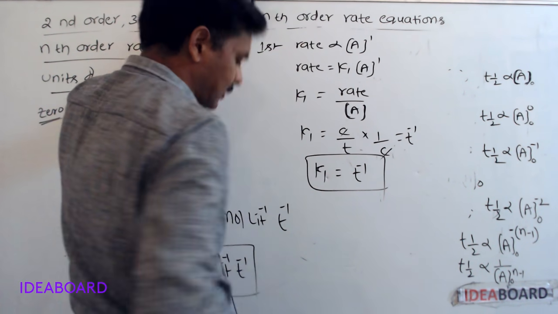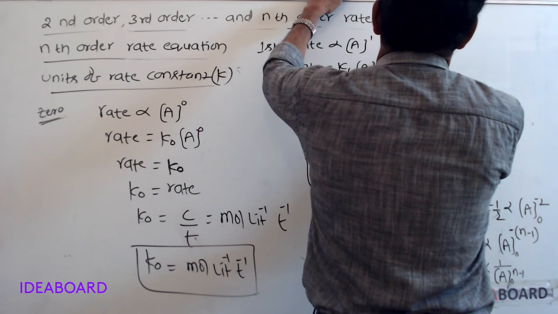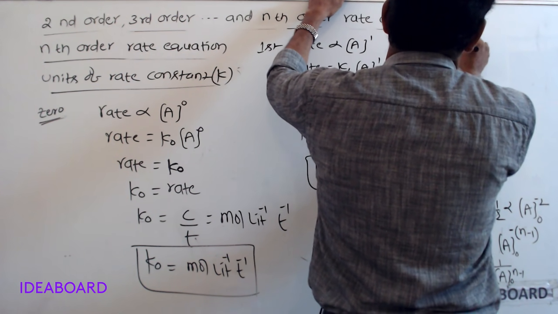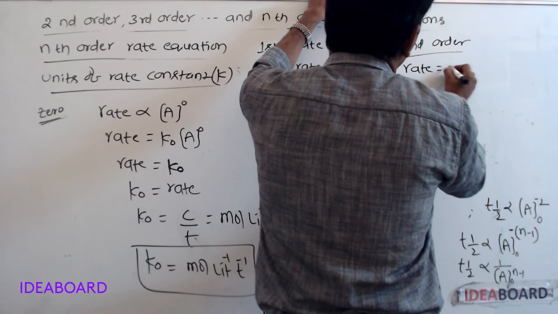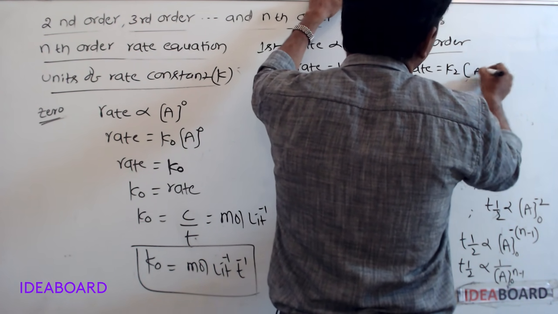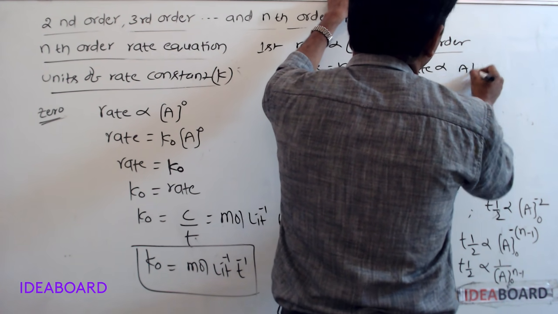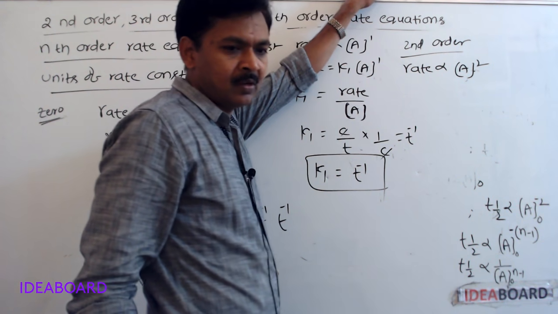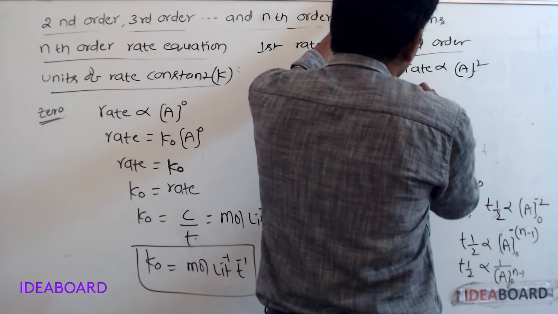If we take second order, for second order reactions, rate is directly proportional to concentration of reactant square.